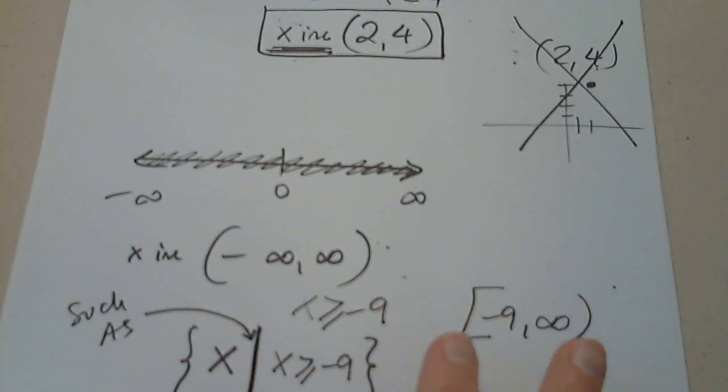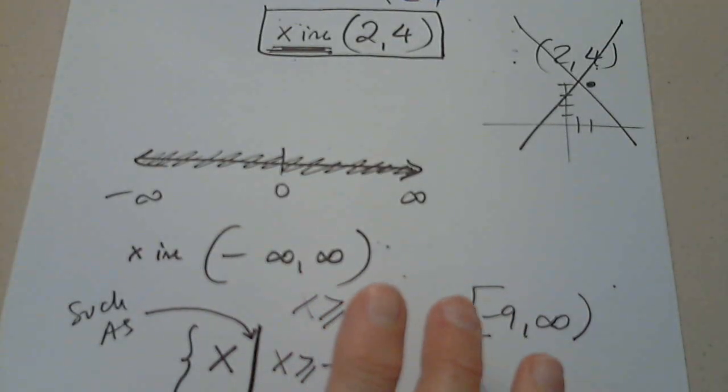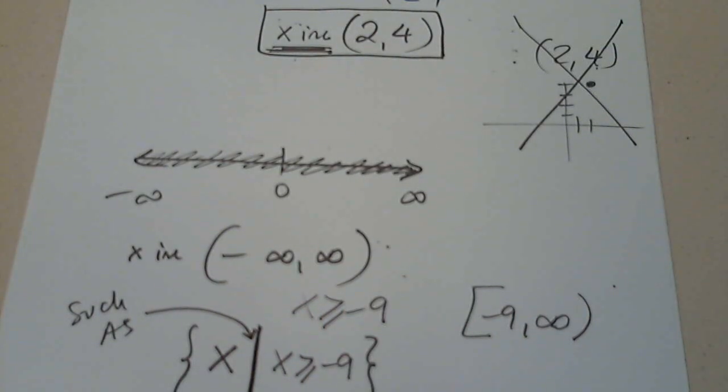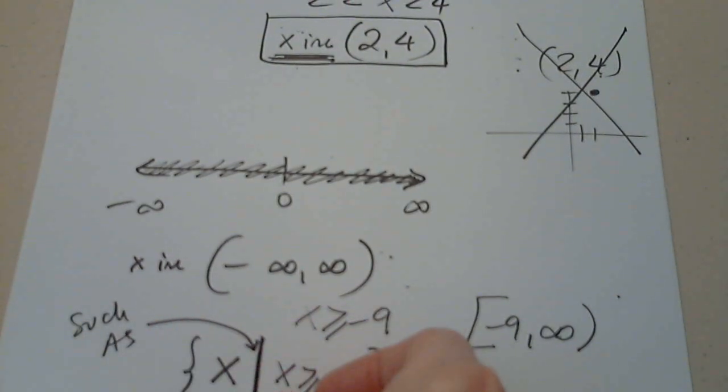So we either say x is greater than or equal to -9, or we say the interval notation is -9 to infinity, or we say that the solution set consists of all values of x having the property that x must be greater than or equal to -9. Three different ways of writing the same thing.